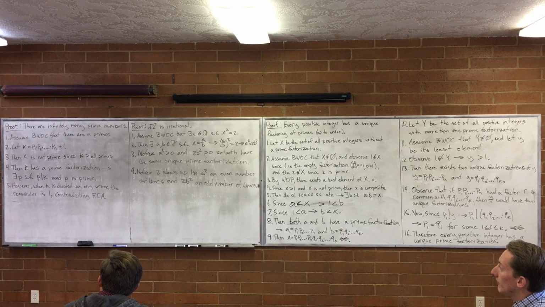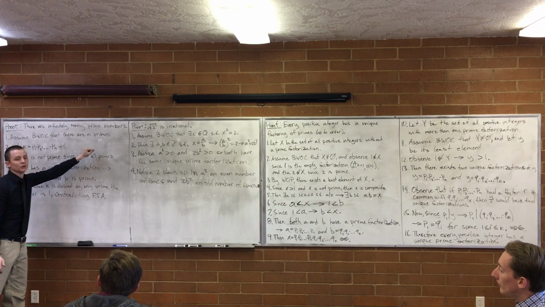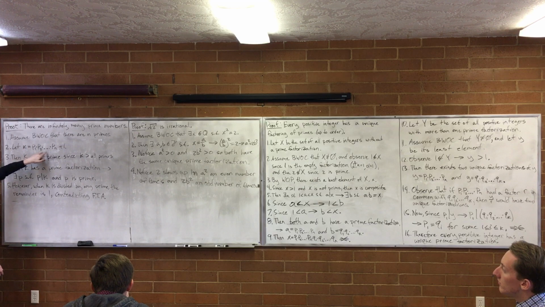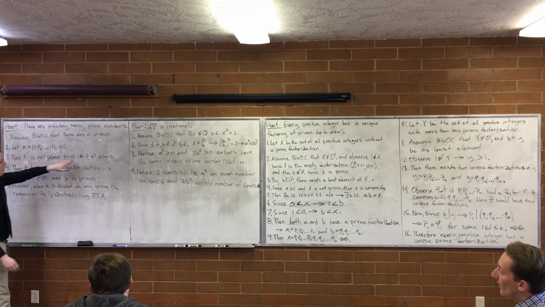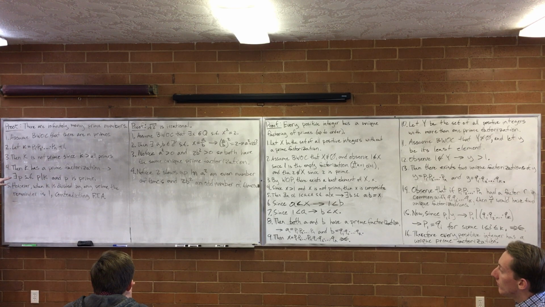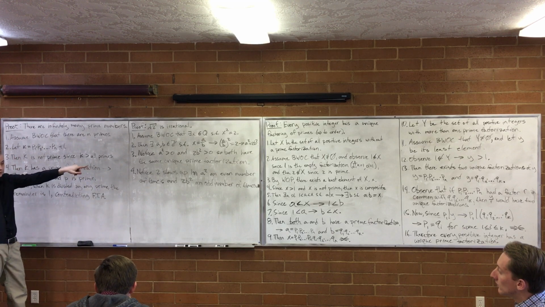Assume by way of contradiction that there are n primes. There's an n number of primes, not an infinite number of primes. Then we let k equal the product of all the prime numbers together plus 1. Notice that k can't be a prime number since k is greater than all the prime numbers, right? So k is a positive number, and it has to have a prime factorization, according to our theorem over there.